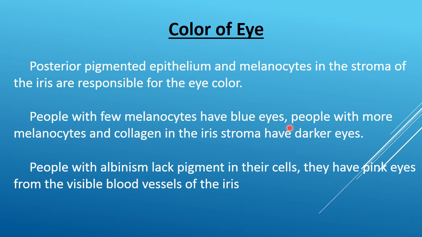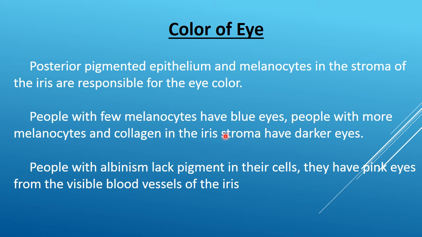So they are going to have blue eyes. If people have numerous melanocytes in the stroma and in the pigmented epithelium, then the light reflected gives darker eyes, brown to black in appearance.